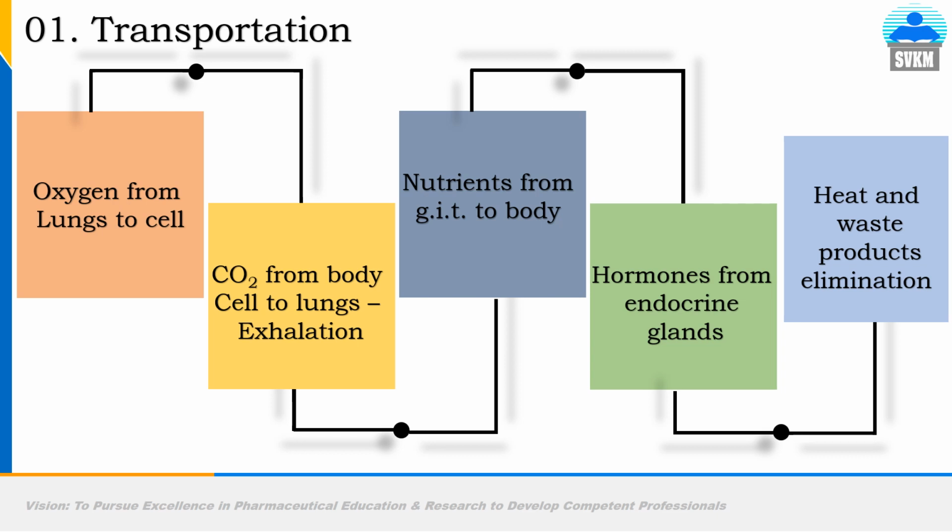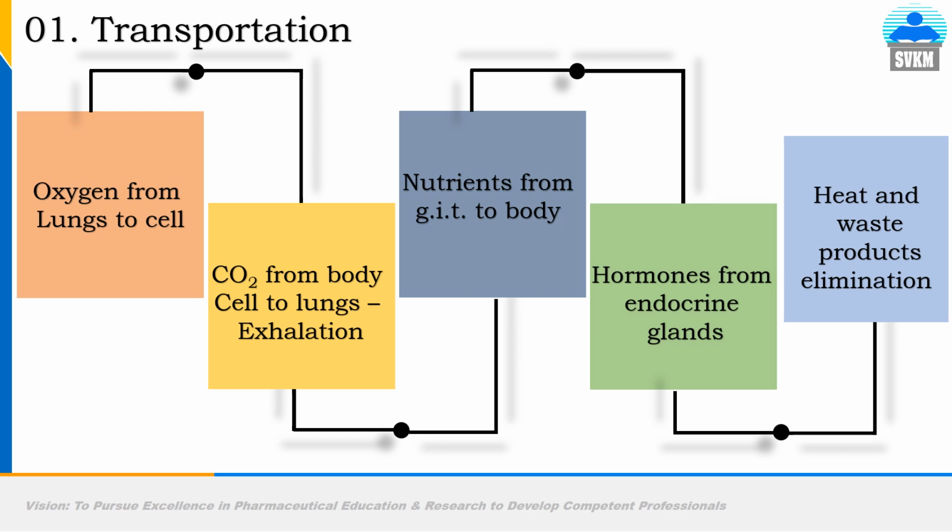So if you are summarizing the functions of the blood with respect to transportation, it is mainly involved in the transportation of oxygen from the lungs to the cells. Second, it carries carbon dioxide from the body cells to the lungs for the breathing out or exhalation.